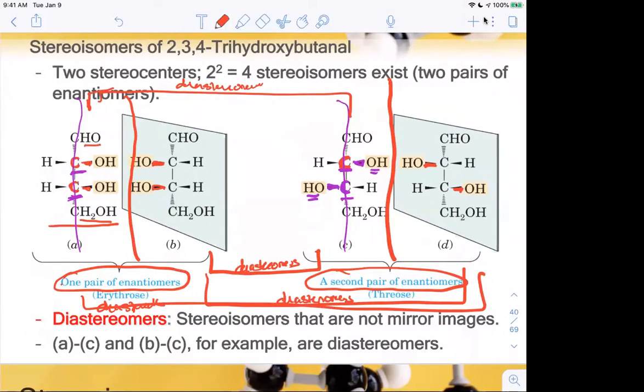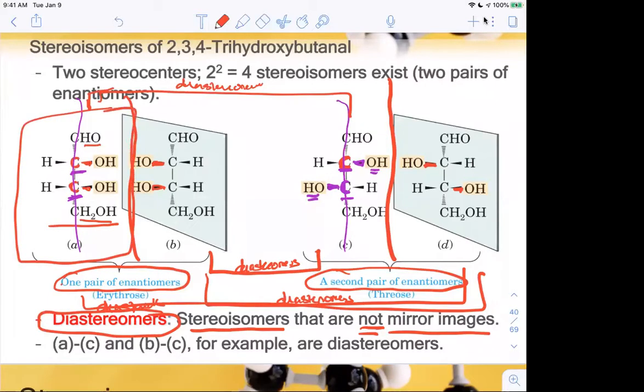So what does that mean? That means that I have to really look at this and focus on the fact that when I have diastereomers, they're not mirror images. If I look at this guy and I look at this guy, I have a bold on my number 2 and 3 carbons.